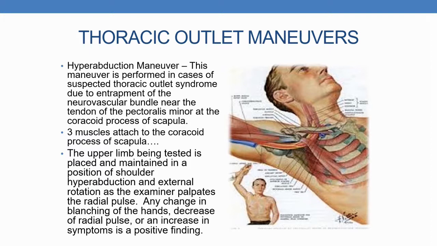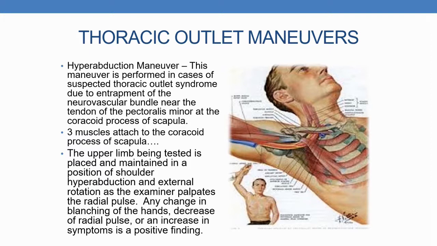So to perform this maneuver, the upper limb being tested is placed and maintained in a position of shoulder hyperabduction, and sometimes this is called the hyperabduction maneuver. The eponym is the Wright's maneuver, W-R-I-G-H-T, Wright's hyperabduction maneuver. So the shoulder is placed and maintained in a position of hyperabduction and external rotation.